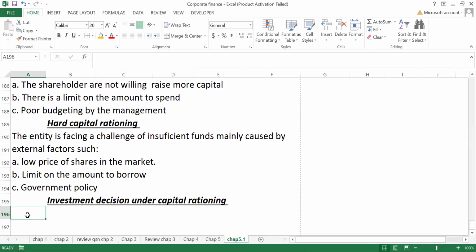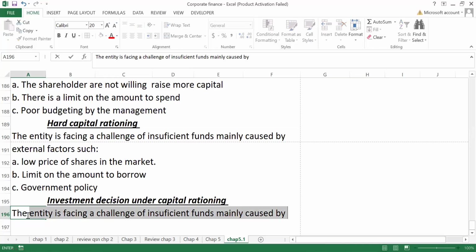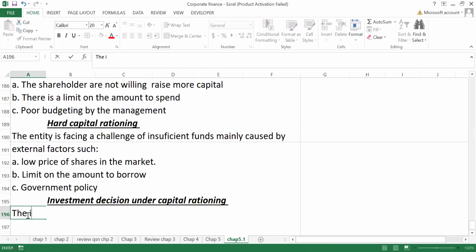So we are saying the investments are divided into two. Number one, we have what is called the divisible projects.